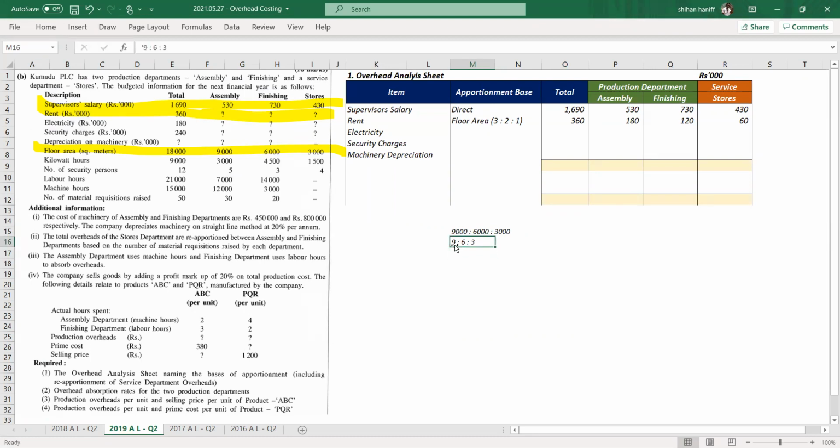Everything you can divide again by 3, so this is 3, 2, 1. This is how I got 3 to 1 floor area.